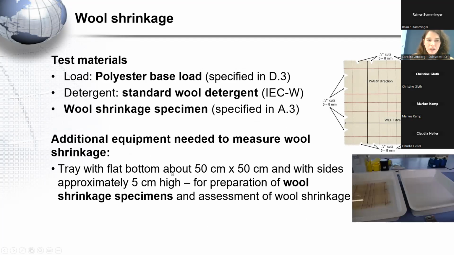This tray should have a flat bottom and should be around 50 by 50 centimeters in width and length, with a certain height of the sides. This is used to prepare the wool shrinkage specimens and also to measure their dimensions. Then you also use a ruler to measure the dimensions. It's good to have a transparent one.